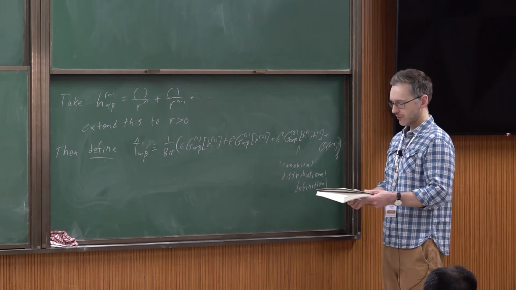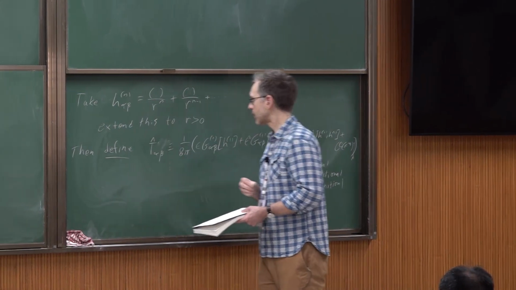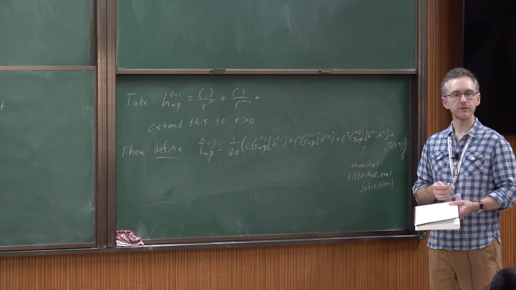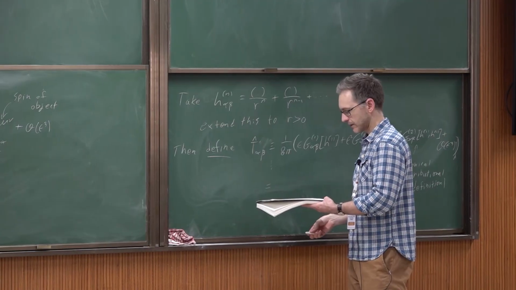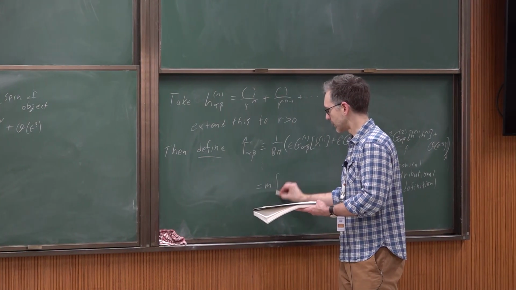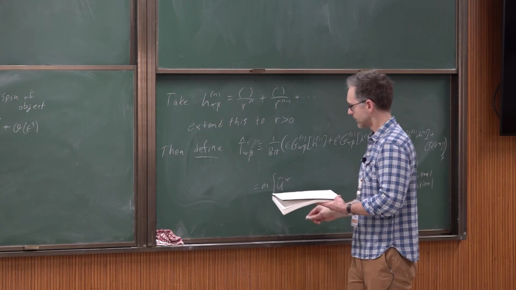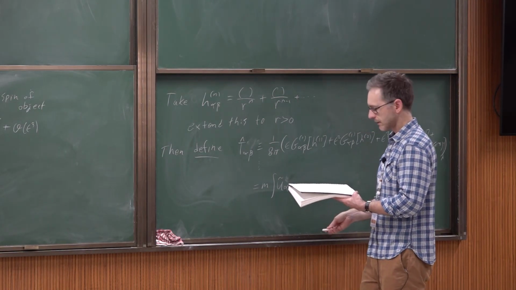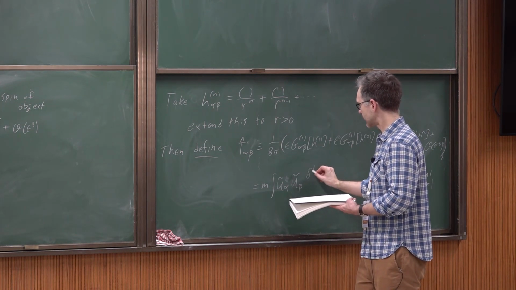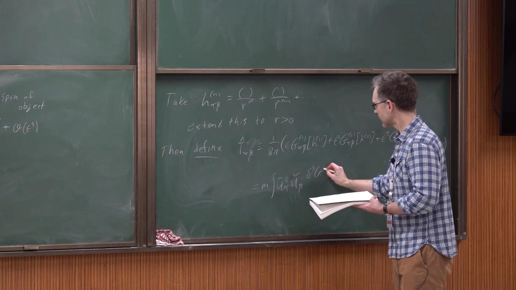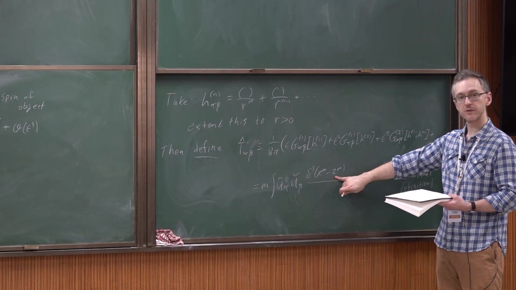Okay, so if you do that, what happens? Well, you go through quite a long technical distributional derivation, and you end up with a very nice simple result: T hat alpha beta equals m times the integral of u tilde alpha, u tilde beta times a delta function, x minus z, over square root of minus g tilde, d tau tilde. So a delta function supported at the particle's position.